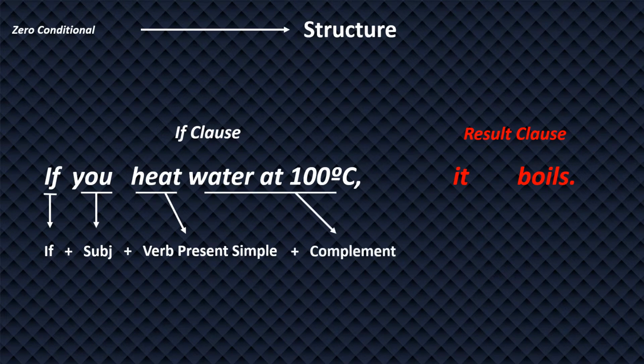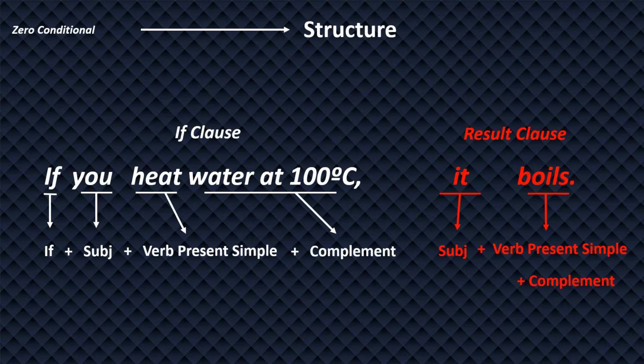And the result clause will have subject, it, verb in the present simple, boils. Attention to the rules of present simple, okay? It boils, it's the third person singular, right? Plus a complement if there's any. In this case, there's none.